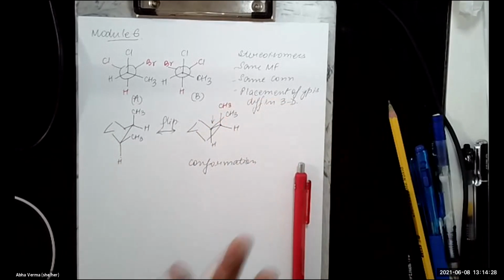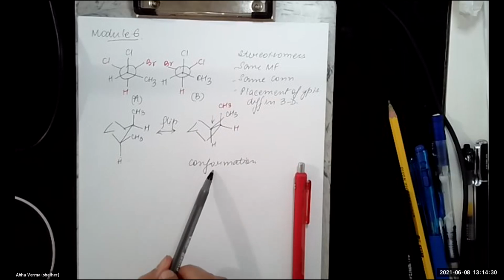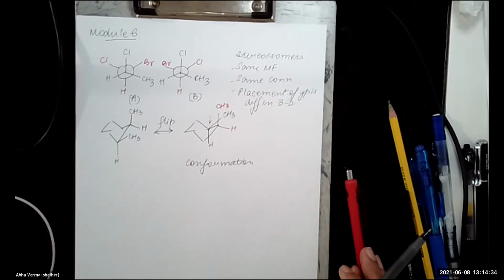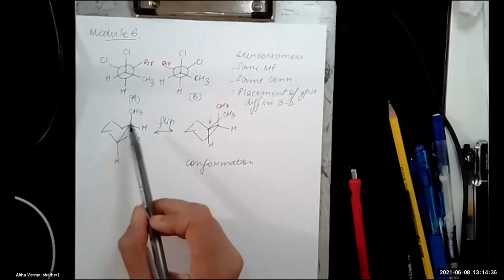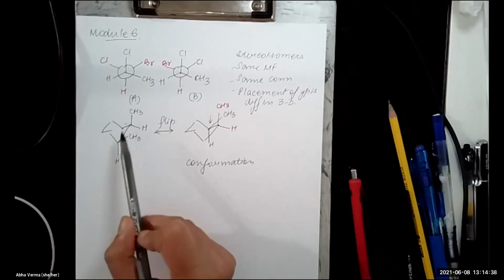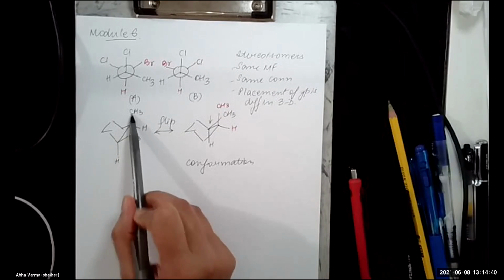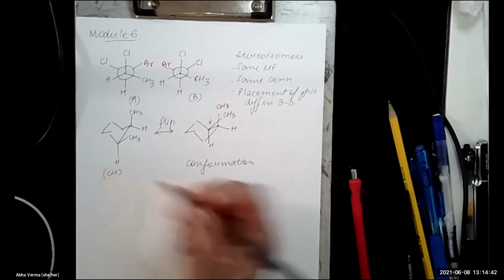Now I want you to understand this. This is conformation. Different energies because of bond rotation. However, did I change the relative position? Both this methyl group and this methyl group are cis to each other.